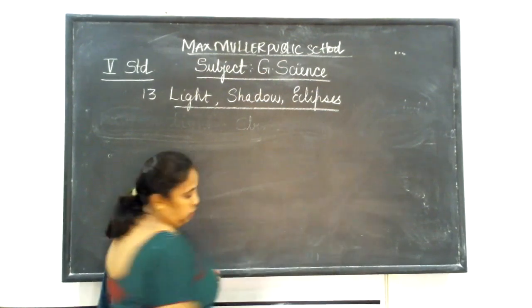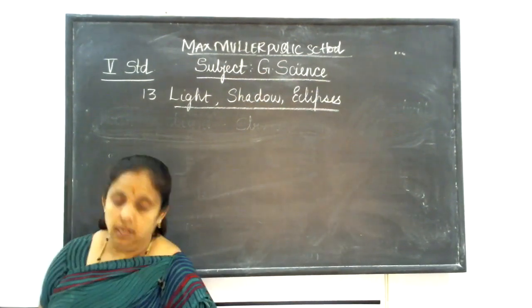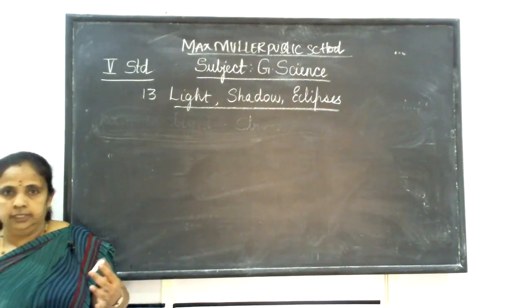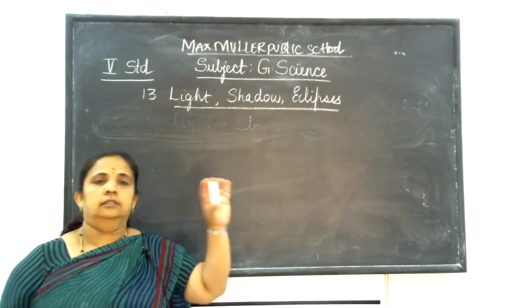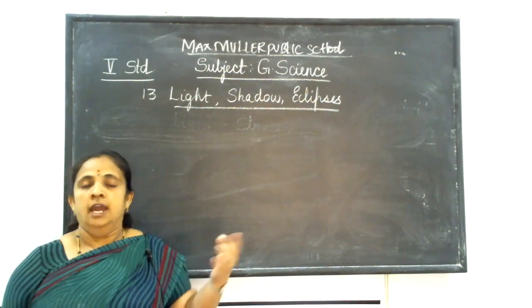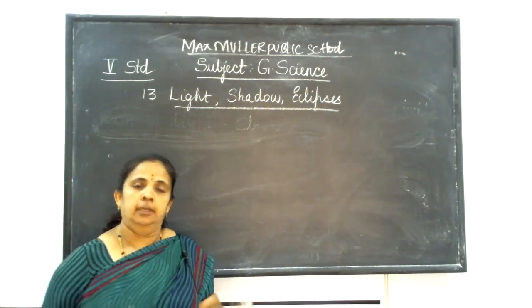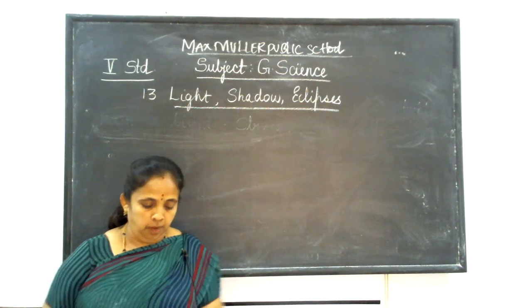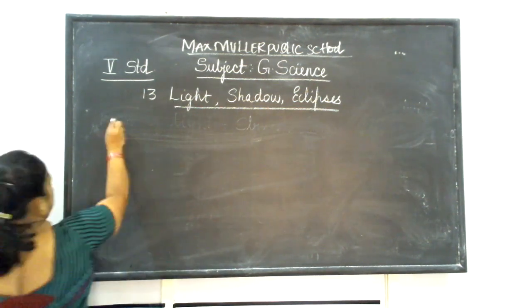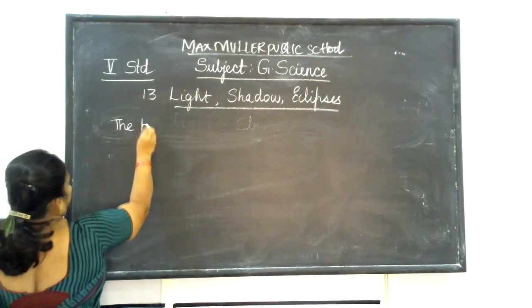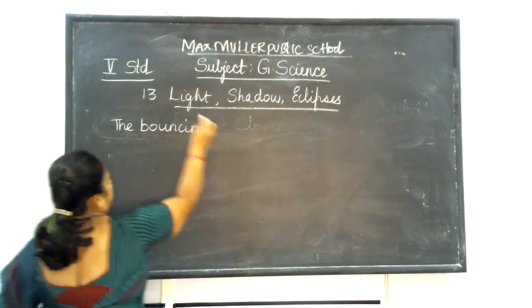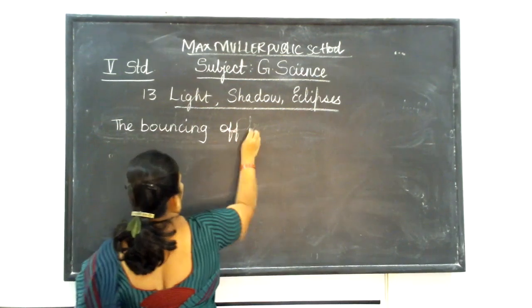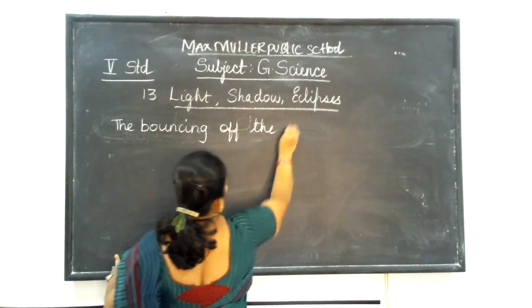When light falls on an object, it bounces the light back, and that light reaches our eyes, through which we identify it.